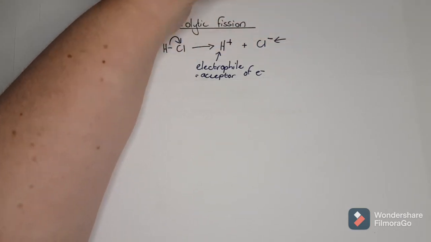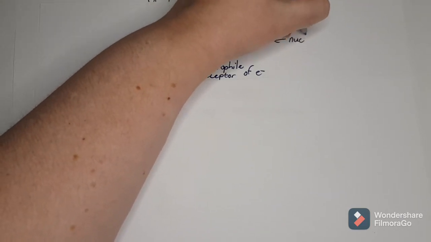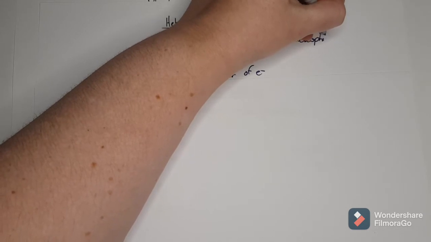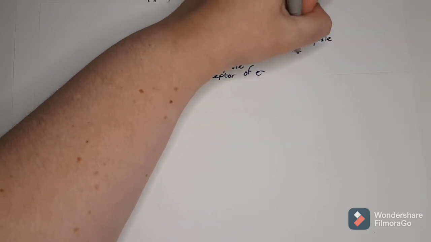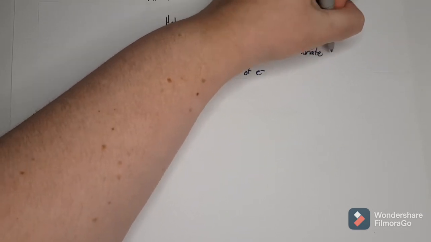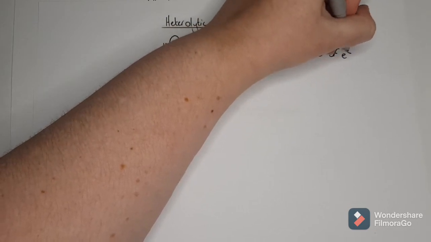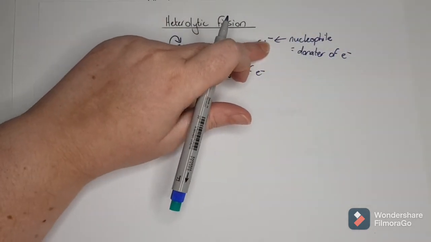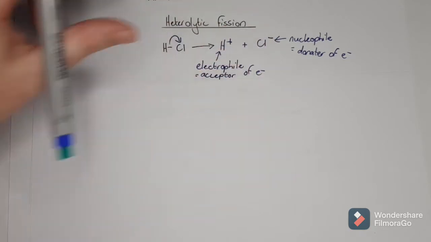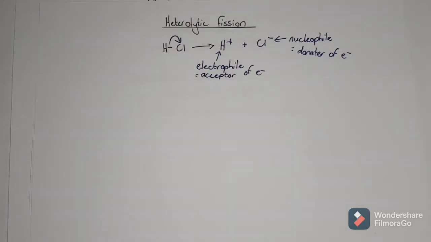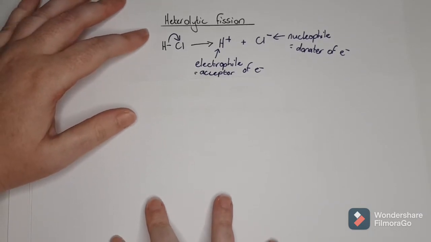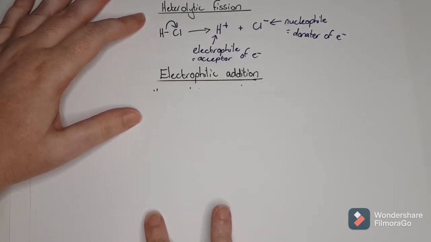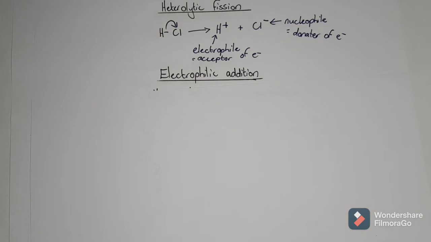And the negative ion becomes a nucleophile, which means it is a donator of electrons because it has extra ones to give. So when we create electrophiles and nucleophiles, then our mechanisms follow depending on which ion we create.